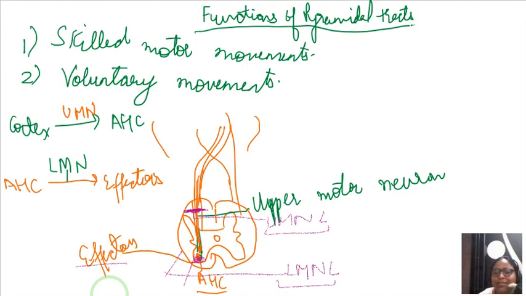Now, if the patient has an injury involving the fibers at or above the anterior horn cell, the patient will present with an upper motor neuron type lesion, right? And if the patient has an injury below the anterior horn cell, the patient will present with a lower motor neuron type lesion, right?